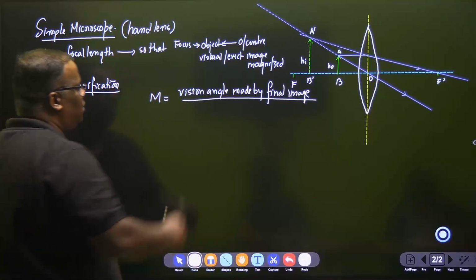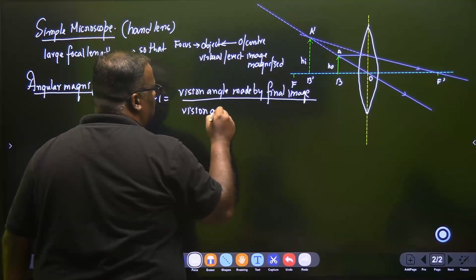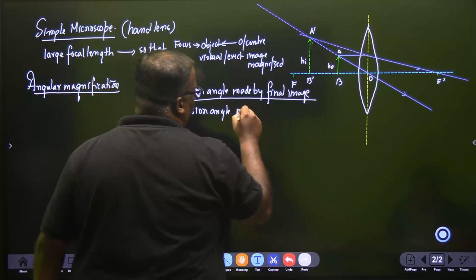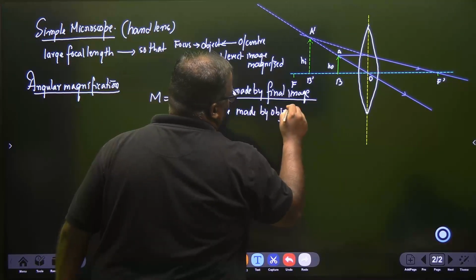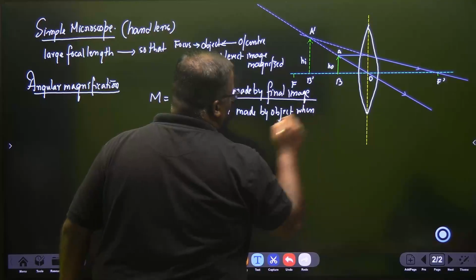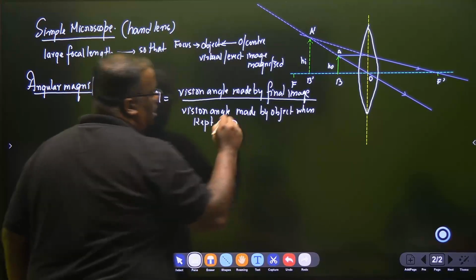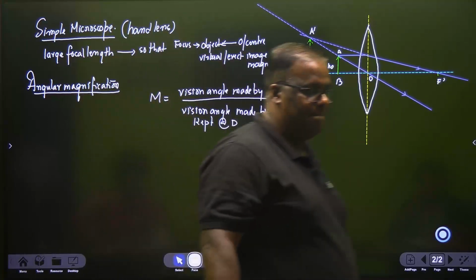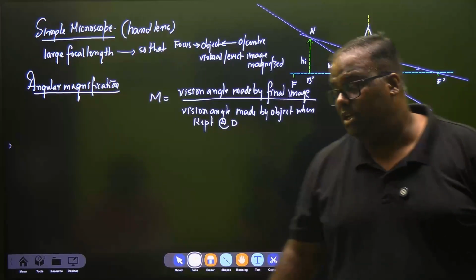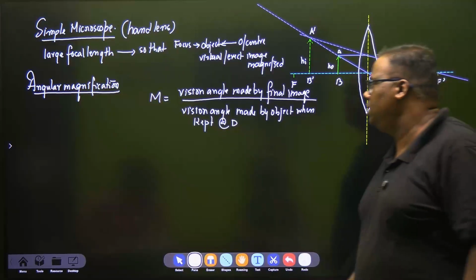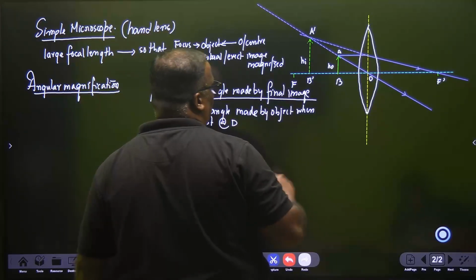Final image divided by the vision angle made by the object when kept at D. First, we'll understand this formula. Write down: vision angle made by the final image, divided by the vision angle made by the object when kept at D.